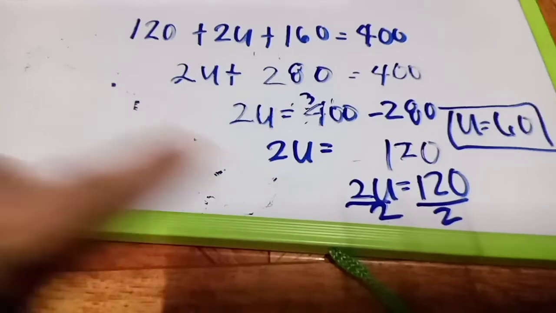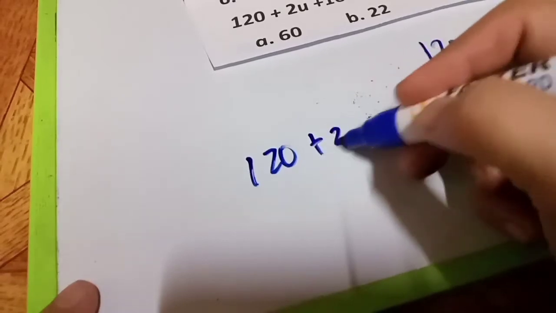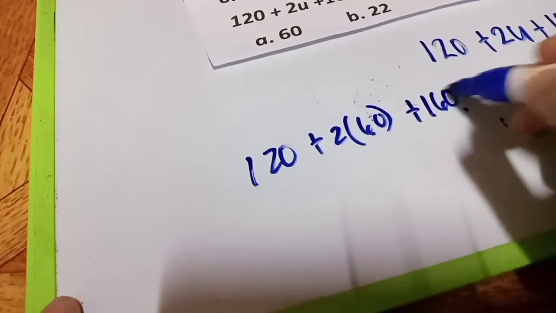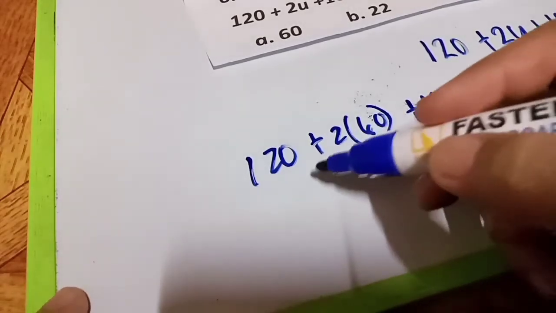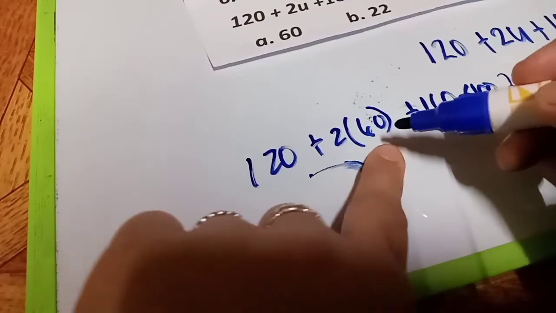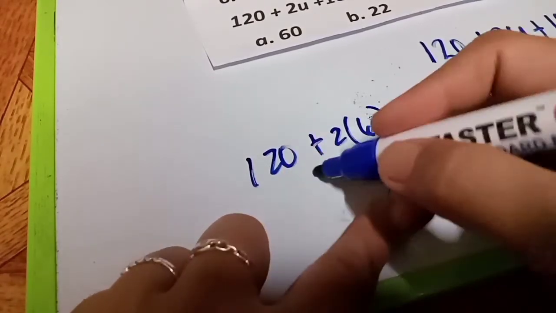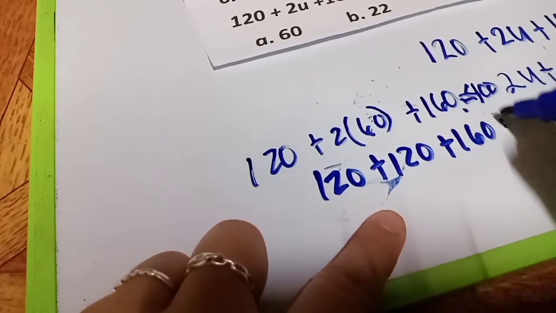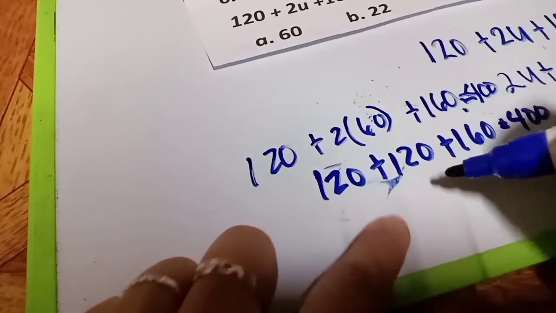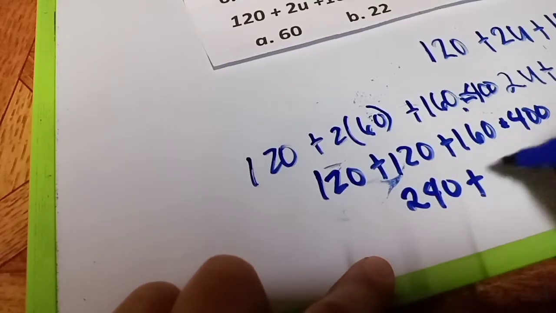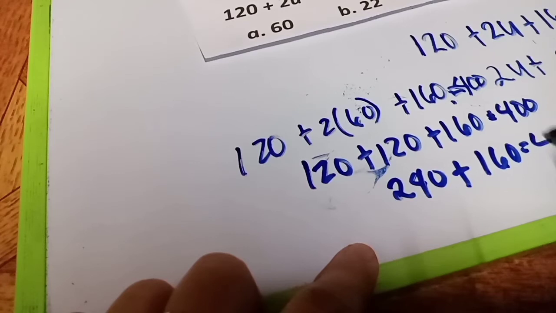So let's check if this is correct. 120 plus 2 times 60, replacing the u, plus 160 is equal to 400. 120 plus 120 will become 240, plus 160.